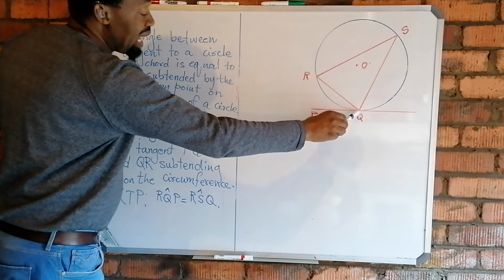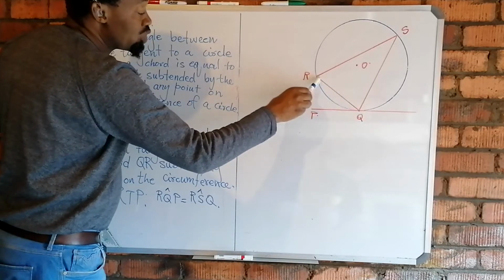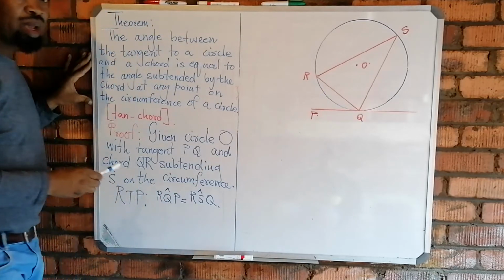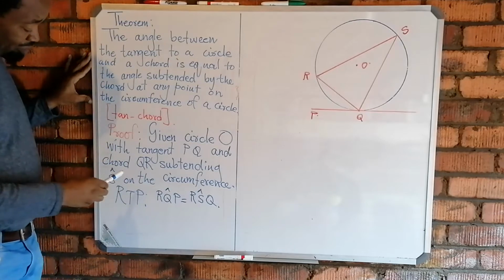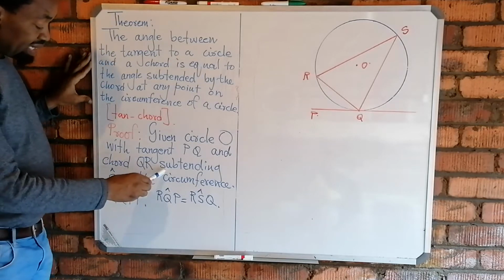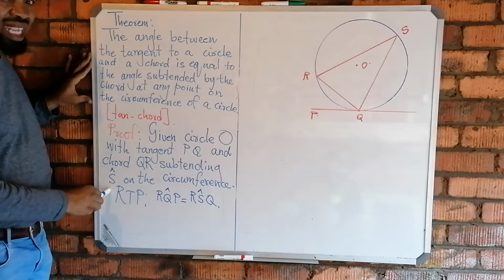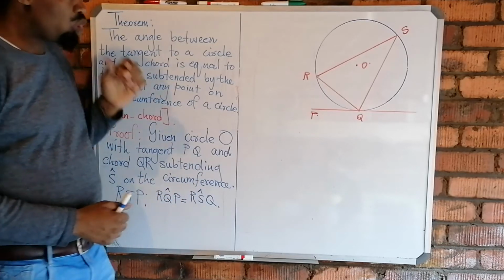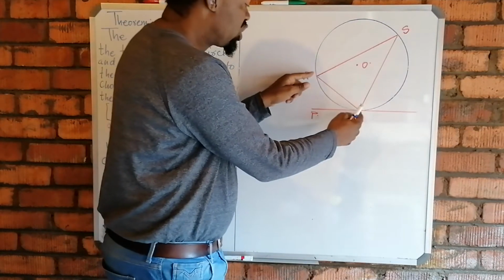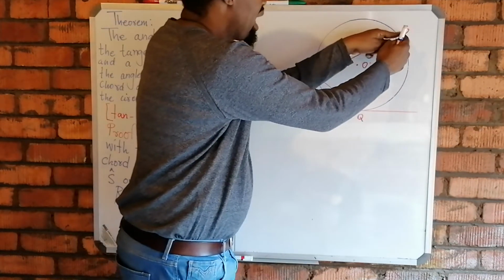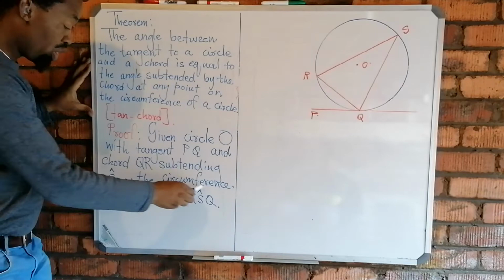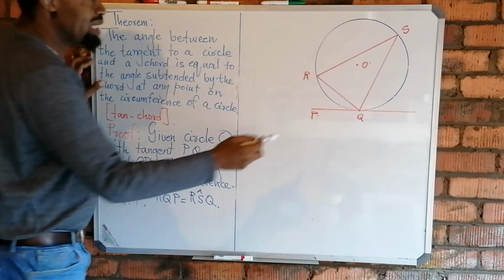A chord is a line which is drawn from circumference to circumference but does not pass through the center of the circle. The chord QR is said to be subtending angle S. There's QR subtending angle S on the circumference of the circle.